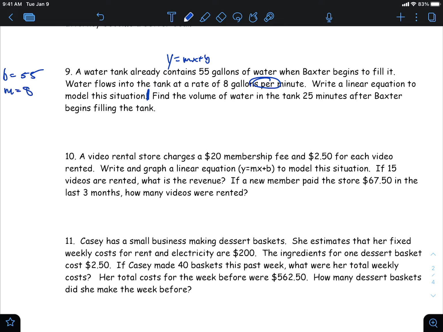Let V represent volume, and let T represent time.